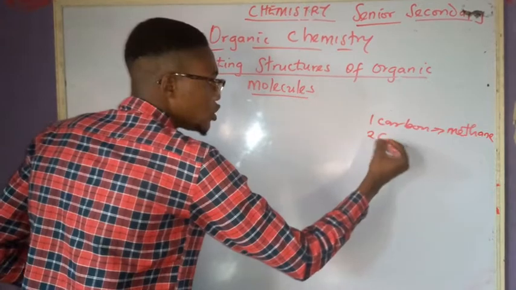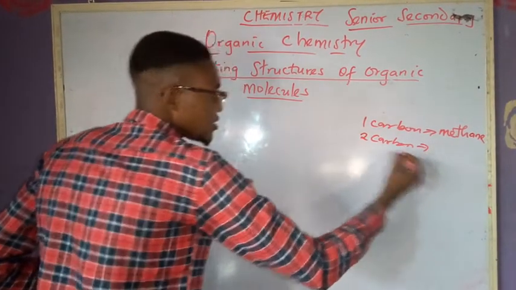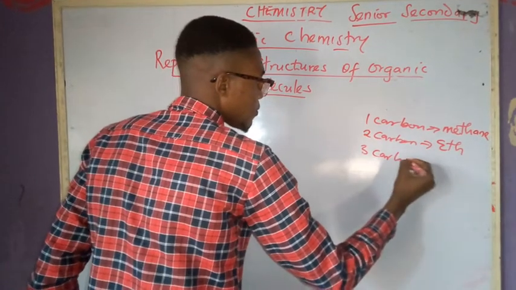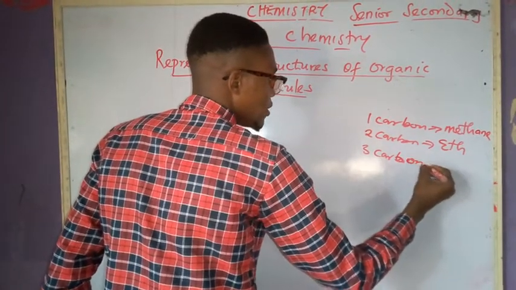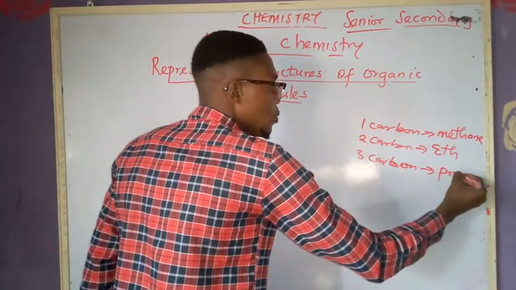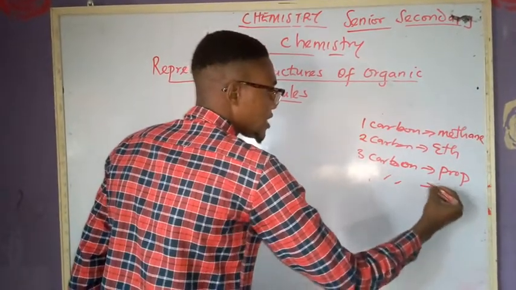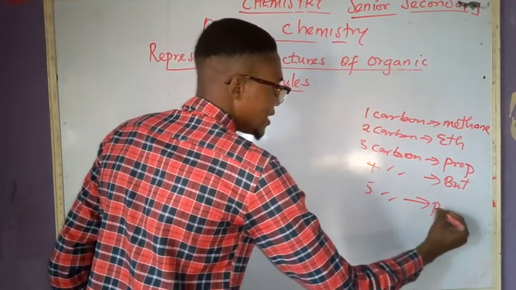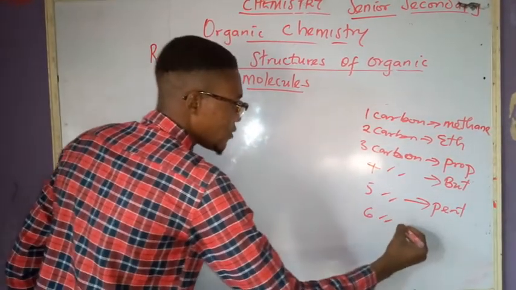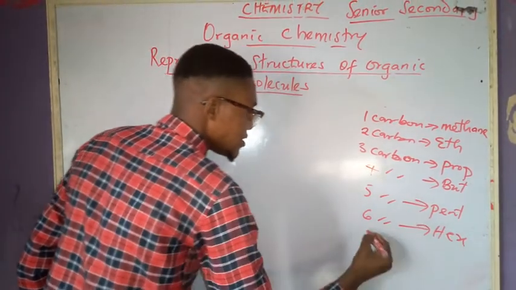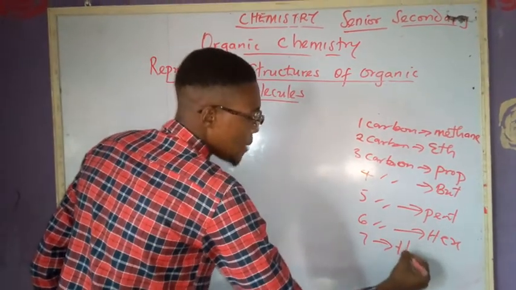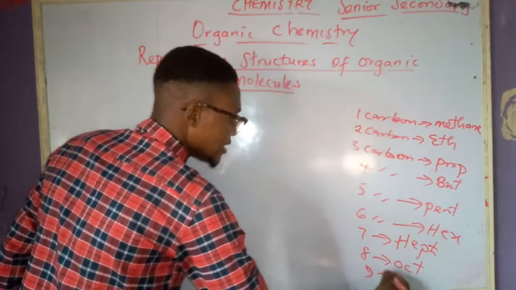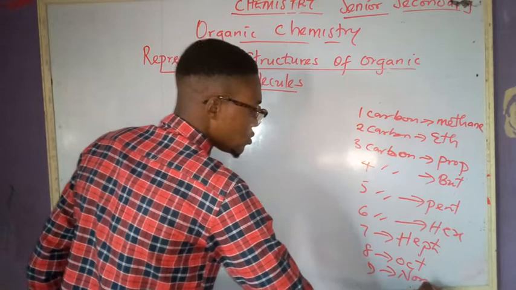I told you 2 carbon atoms stands for eth. 3 carbon atoms stands for prop. 4 carbon atoms stands for but. 5 stands for pent. 6 stands for hex. 7 stands for hept. 8 stands for oct. 9 stands for non.